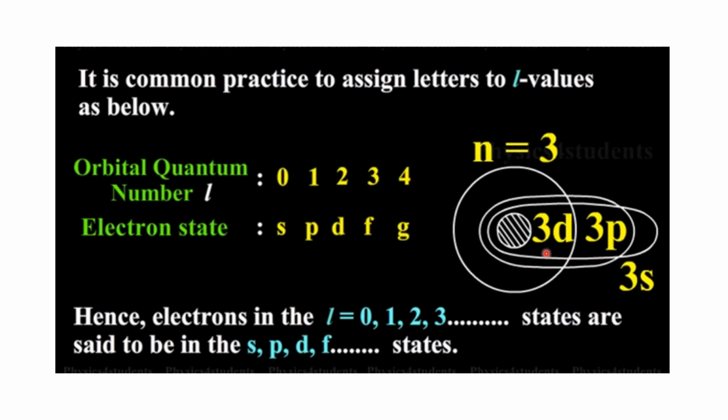So in this way, the respective orbital quantum number L gives the number of sub-energy levels present in an orbit. Hence, electrons in L is equal to 0, 1, 2, 3 states are said to be in the SPDF states.